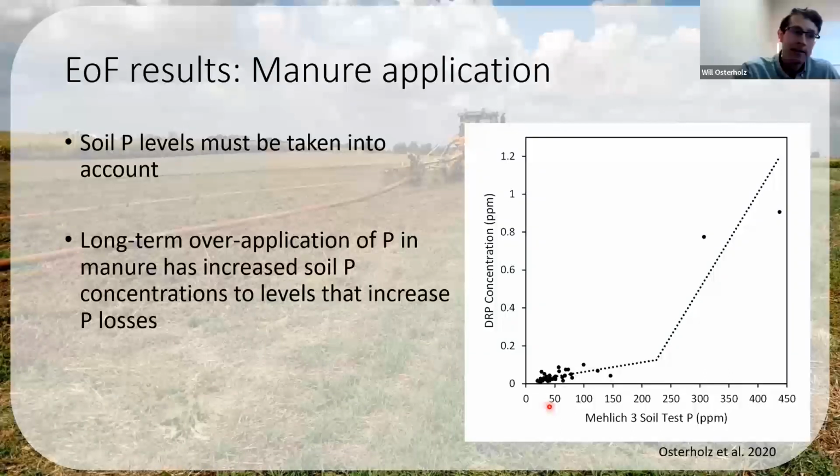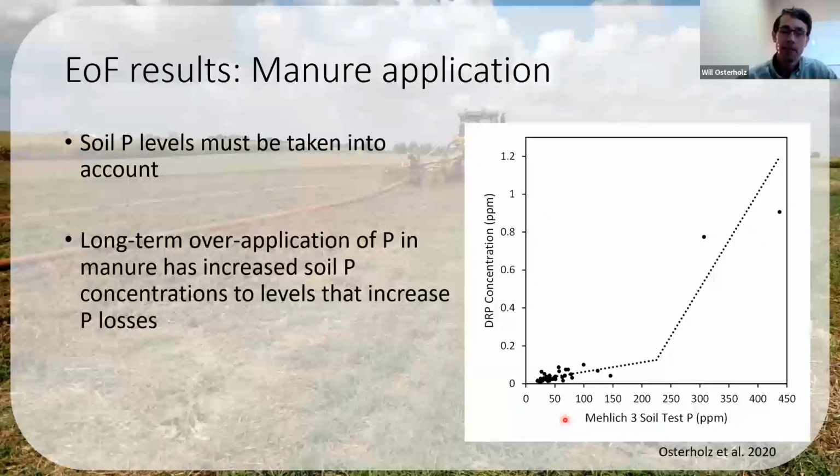And obviously we can continue to have that effect on soil phosphorus if we're applying large amounts of manure over time, even today. We've done some looking at how soil test phosphorus relates to phosphorus losses, and we know that it's a very important factor driving phosphorus losses. So we're just pointing out that we have to keep soil test phosphorus in mind whenever we're considering manure applications to fields. Okay.